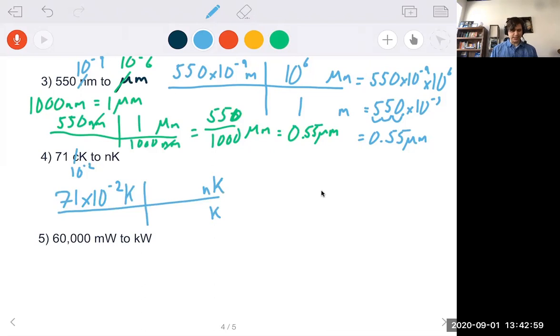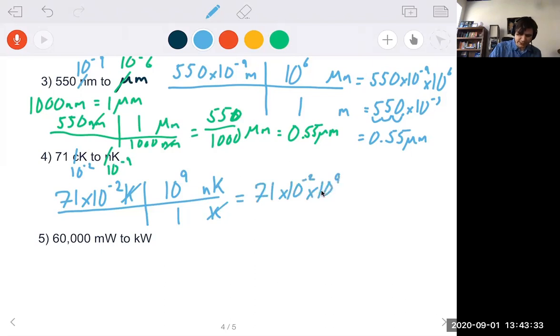Okay, what does nano mean? Nano is 10 to the minus 9. So it's 10 to the minus 9, which would mean that I need 10 to the 9th of them. 1 billion nanokelvin is 1 Kelvin. Now I can cross out the Kelvin, multiply across the top, and you get 71 times 10 to the minus 2 times 10 to the 9.